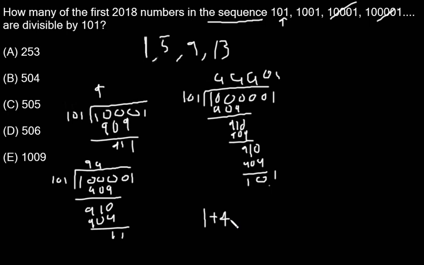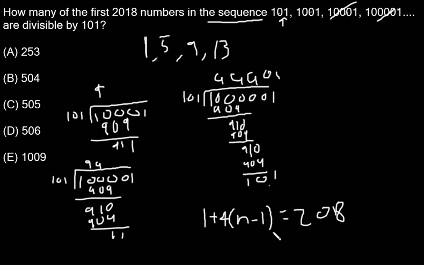So to find all the numbers, we're starting at 1, and then the difference is 4, so 1 plus 4 times n minus 1, because 1 is the first term of the sequence. Here, n is the term number, and we're going to find all the way up to 2018, all the numbers up to 2018.